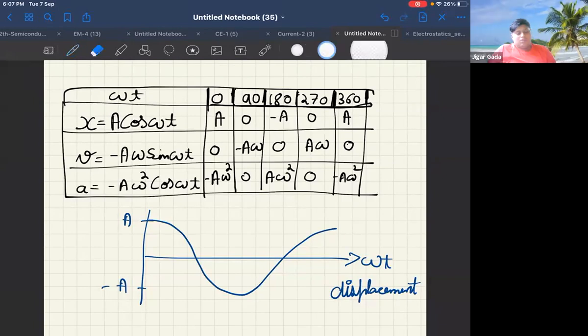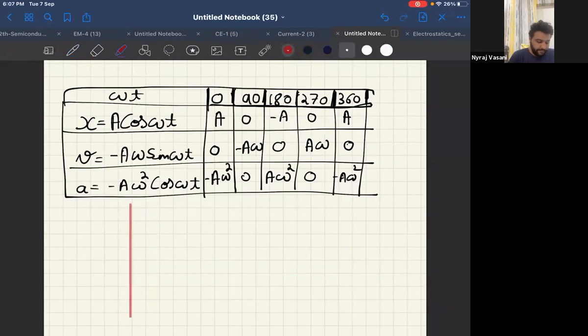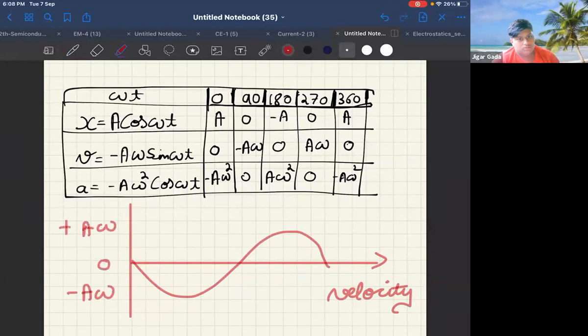Okay, start. Now velocity graph. And this is omega.